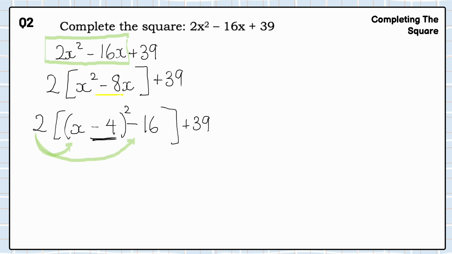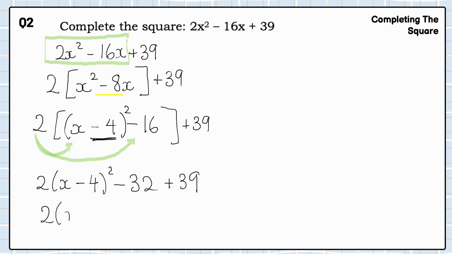So remember that. So therefore, we get 2 brackets x -4 squared, and then 2 times -16, which is -32 plus 39. And then we just neaten it up, so we just work out what -32 plus 39 is.